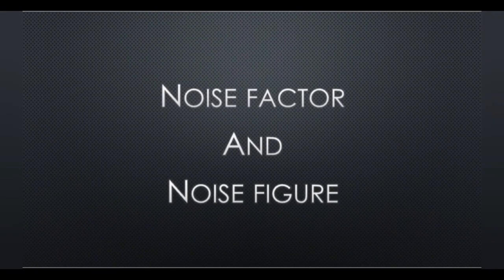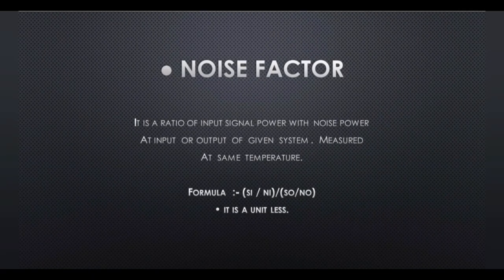Hello everyone, today we are going to learn the noise factor and noise figure. So start with the definition of noise factor. It is the ratio of input signal to noise power at input with output signal to noise power of a given system measured at the same temperature. Formula: (SI/NI) divided by (SO/NO). It is unitless.